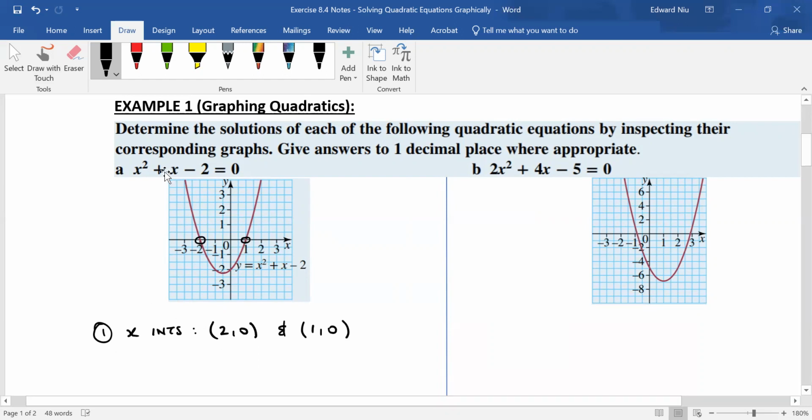Alternatively, we could have just used straightforward basic factorization to figure out this one, because we know the factors of -2, which add to 1. Okay, there's an imaginary 1 in front of the x. If you've forgotten what that means, go back to chapter 7 to review your factorizing.